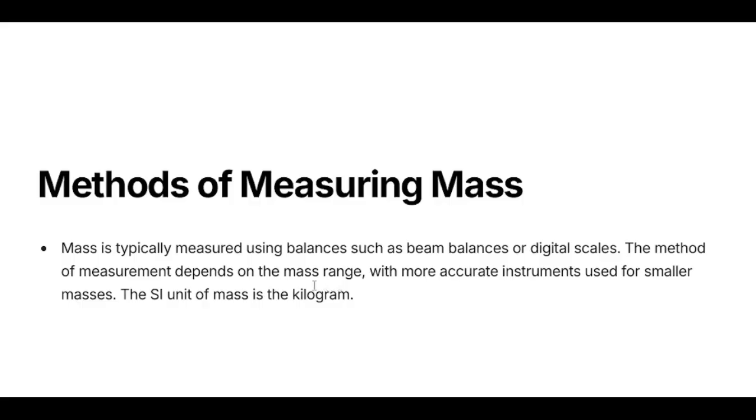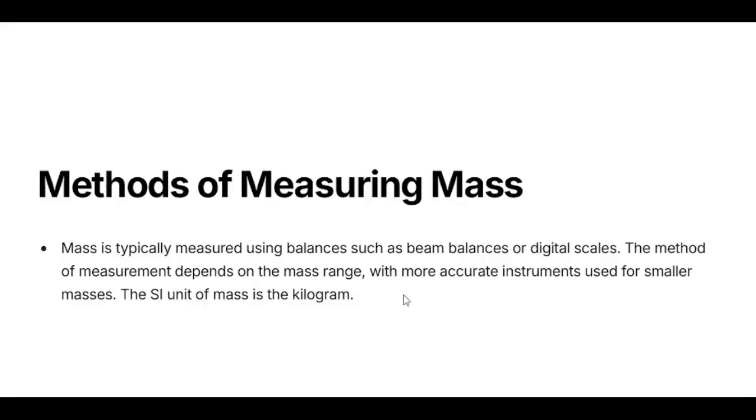The method for measuring these is usually dependent on the mass range. What will determine the instruments you use is how small the weight is or how large it is. If the weight is very light, you will make use of stuff like digital scales, because they can measure very small masses.